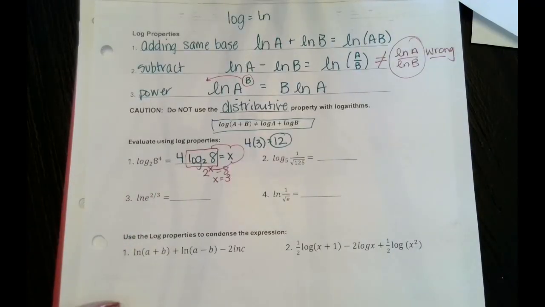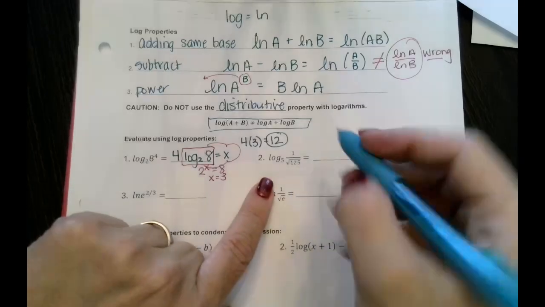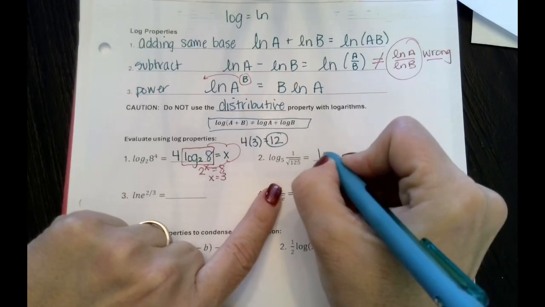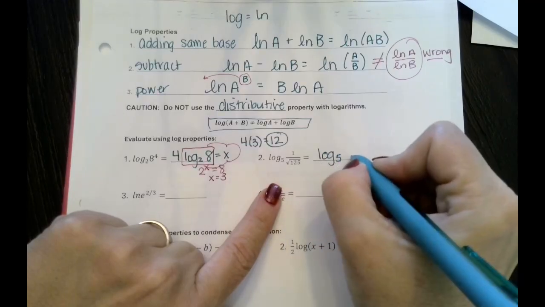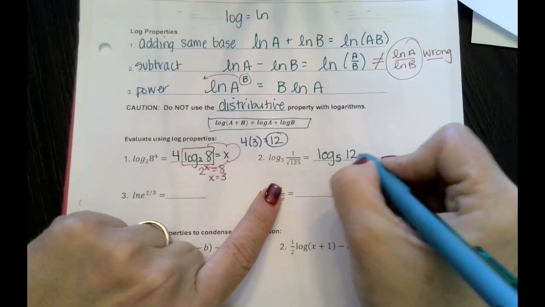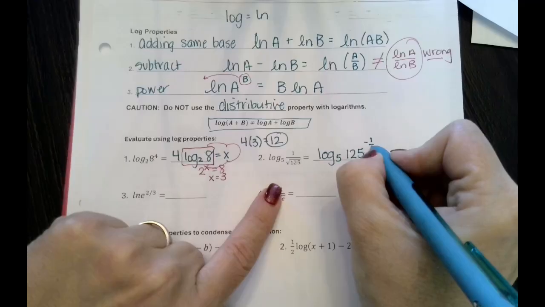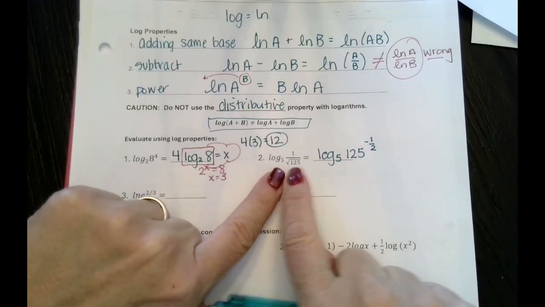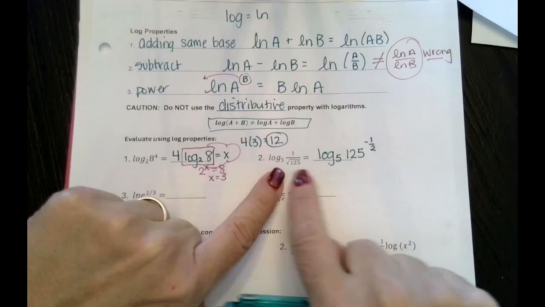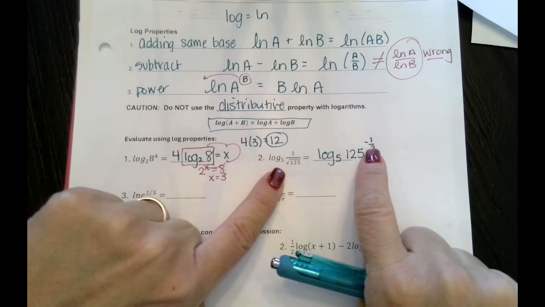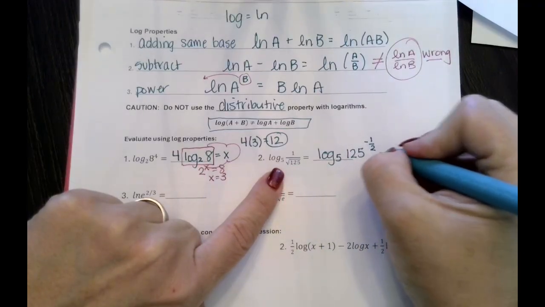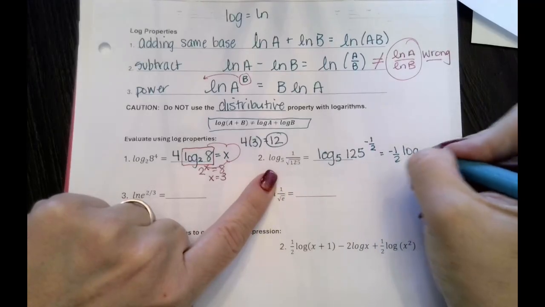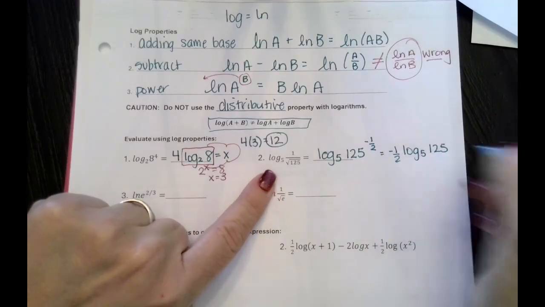All right, let's look at this one. This becomes log base 5 of 125 to the negative 1/2. Okay, so the radical tells me that it's a 1/2 power, and it's in the denominator, so that's why it's a negative. So if I use my log properties, I have negative 1/2 log base 5 of 125.